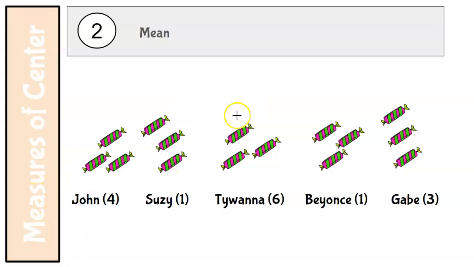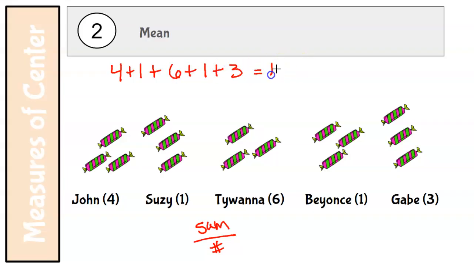Instead of taking some from Tiana and giving it to Beyonce and some from Tiana and giving it to Susie and some from John, we can just put all the candy in a big pile, and then there's 5 students, so we divide by 5. The sum divided by the number of elements. Mathematically, that would just be 4 plus 1 plus 6 plus 1 plus 3 is 15.